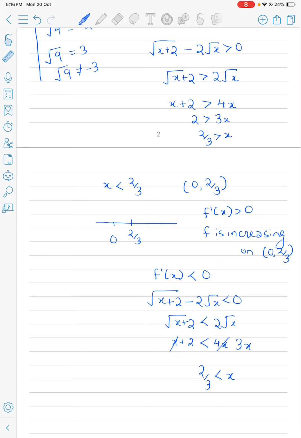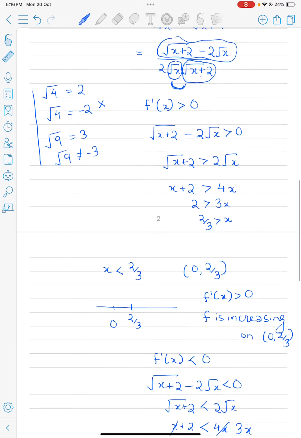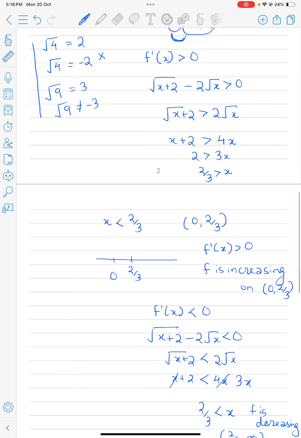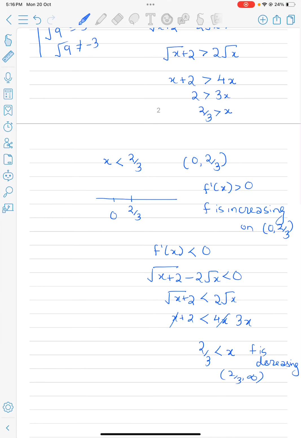So for x greater than 2 by 3, f is decreasing from 2 by 3 to infinity. Okay, so at 2 by 3, what value is it taking? You check on your own. So some value, and from 0 to 2 by 3 it is increasing, let's say something like this, and then it is decreasing, right?